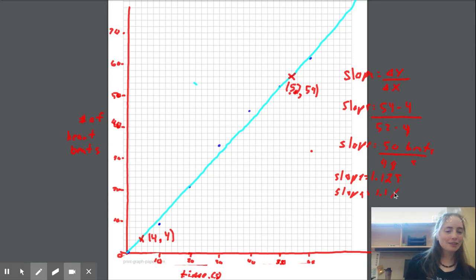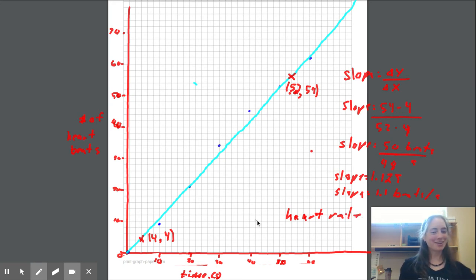So when you write your units at the end, it is going to be heartbeats per second. What does the slope represent? Heart rate. The slope of this graph represents your heart rate. Isn't that cool? I think so.